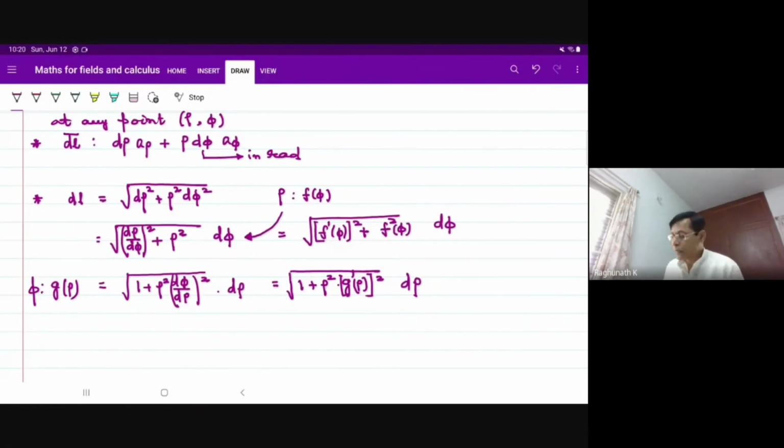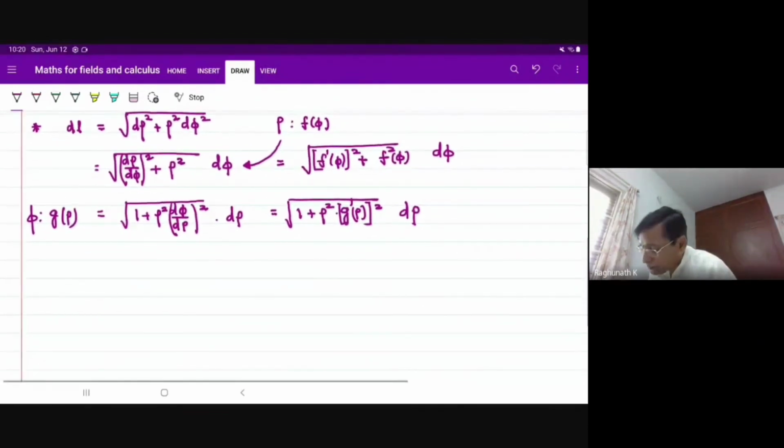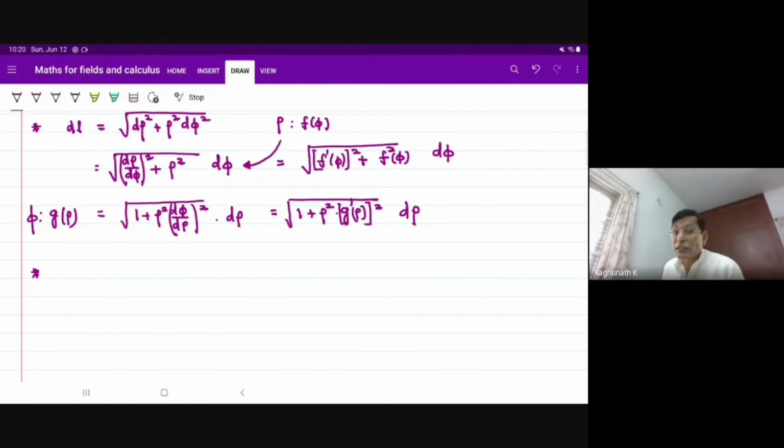Second, the differential surface element ds is what? Again, produce one side of the rectangle by changing rho by d rho without changing phi at any point.